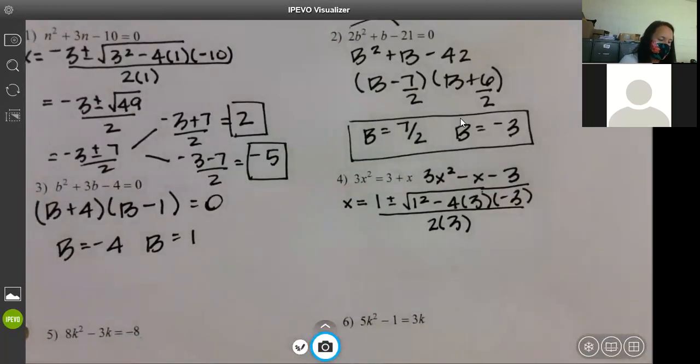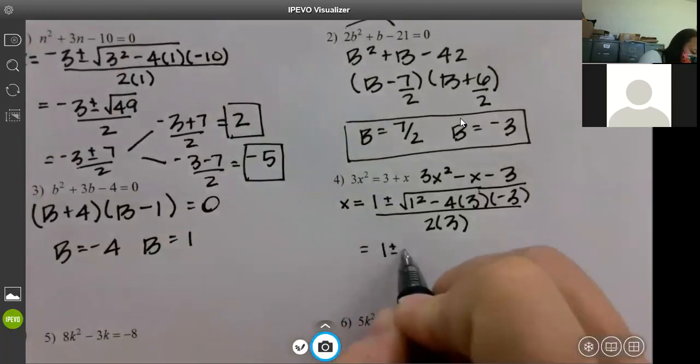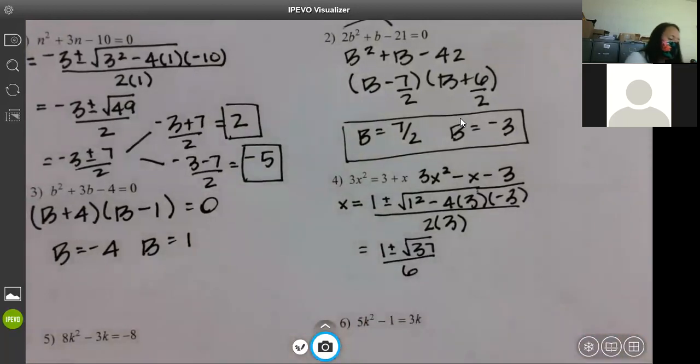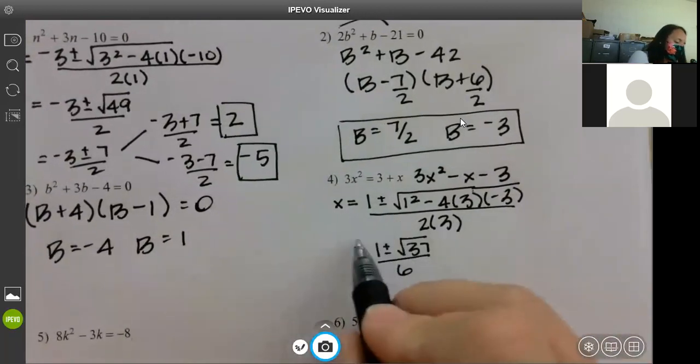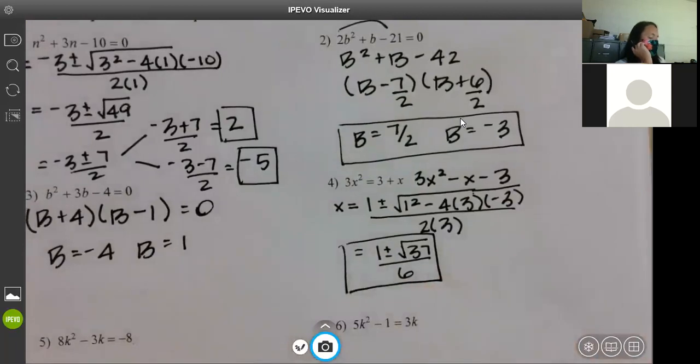One squared minus 4 times 3 times -3 is a positive 37. Over 2 times 3 is 6. 37 will not break down. There's nothing you can do. These are your two answers. And that's it.